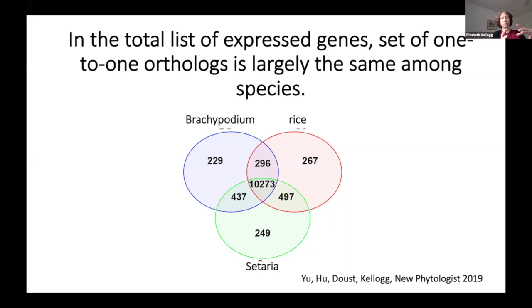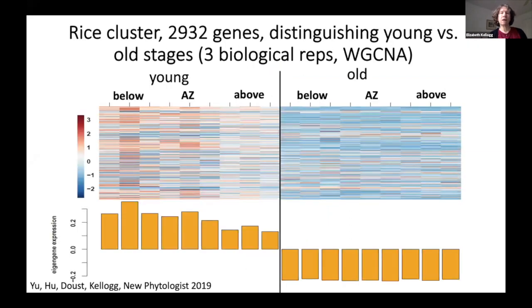So then the question is, which ones of those are specifically restricted to the abscission zone? And she did a bunch of different analyses. Yunqing and Hao did a lot. I'm just showing you the results of WGCNA, and just to walk you through this diagram here.